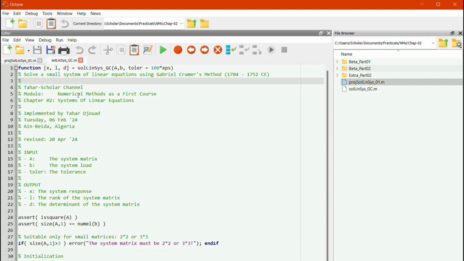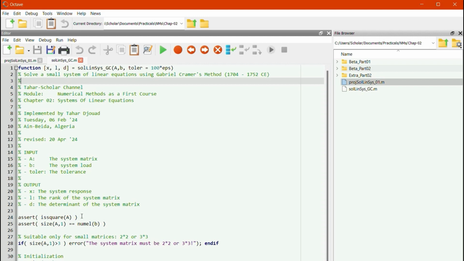Tahar Scholar Channel, module Numerical Methods as a first course, chapter 2, Systems of Linear Equations, implemented by Tahar Jawad, Tuesday, the 6th February 2024, in Blida, Algeria. And I revised it the 20th April 2024. The input A, B, tolerance and the output X, L, delta.